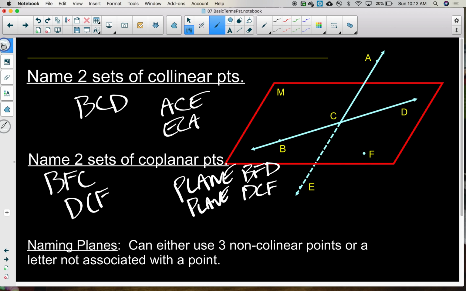Okay, we could also use the letter not associated with a point. Notice there's no point with that. We could call this plane M. Okay, but notice there is no point. That's the only way we can label this plane other than using three non-collinear points.